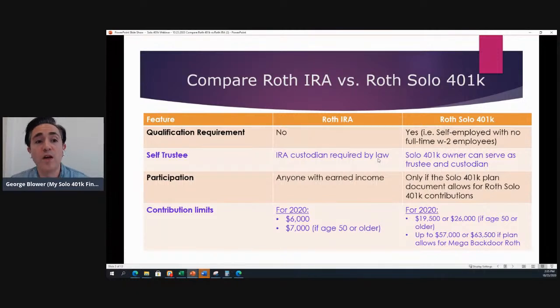Or if you have a solo 401k with us, our plan allows for Mega Backdoor Roth contributions, which would allow you to increase those Roth contributions ultimately to as much as $57,000 or even $63,500. So it's a huge difference between the Roth solo 401k and a Roth IRA in terms of the contribution limits.